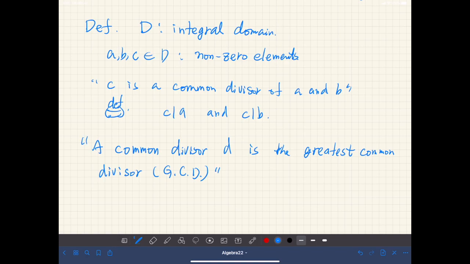What this means is that if c divides a and c divides b, a common divisor of a and b, then c divides d.